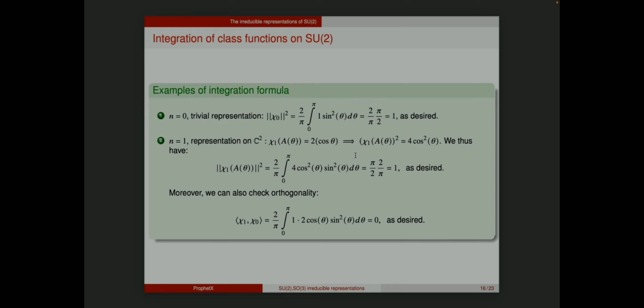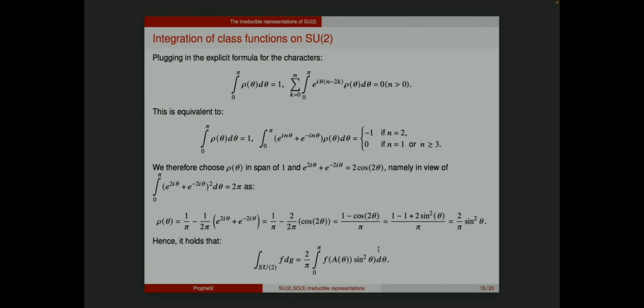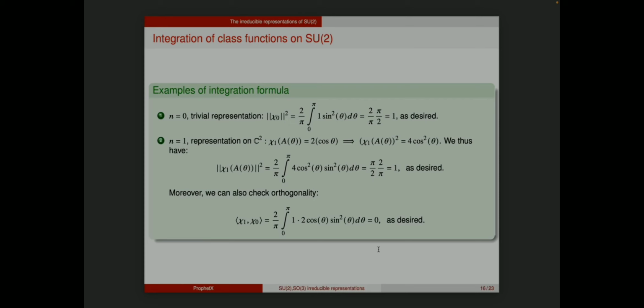So if we compute this integral, we once again obtain that this is 1, as we desired. And moreover, we can check orthogonality, namely that these two are orthogonal with respect to the measure which we gave. And this also follows from just computing an integral, which is not too deep.